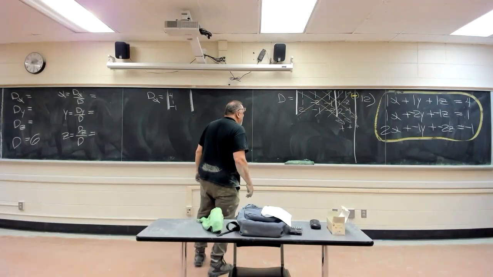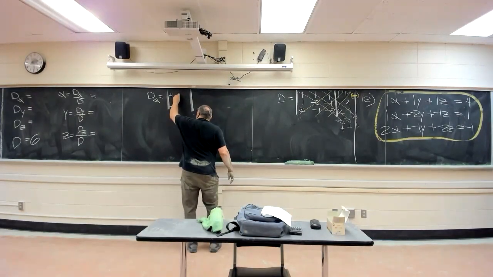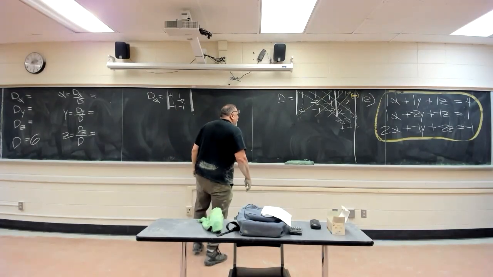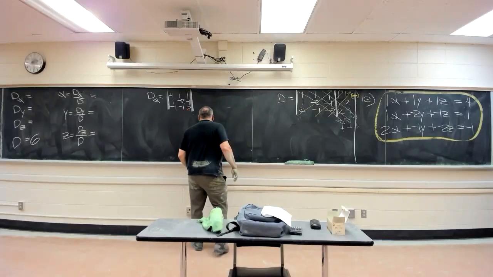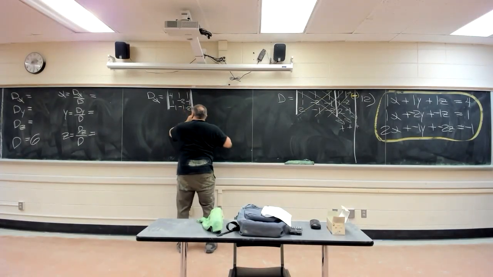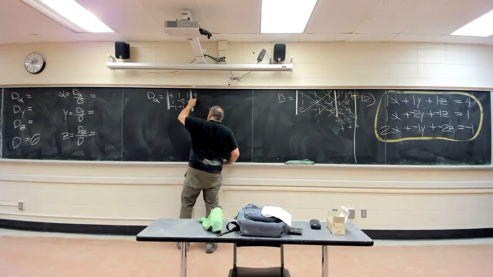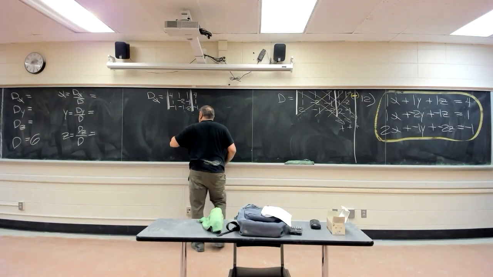Everybody else stays the same. 1, negative 2, negative 1. 1, negative 1, negative 2. Pick these up, put them right here, and do the same trick you did earlier.